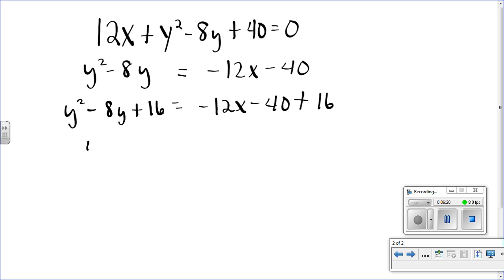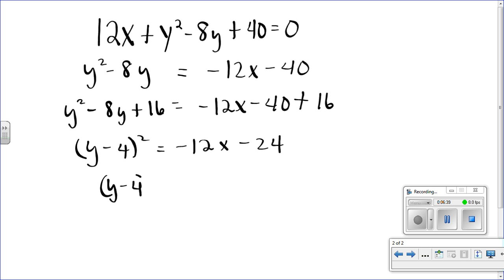Okay, this factors down to y minus 4 squared. And negative 40 plus 16 is negative 24. Is that right? Right. I do have to take out that negative 12 though. Good. Get that? Awesome.